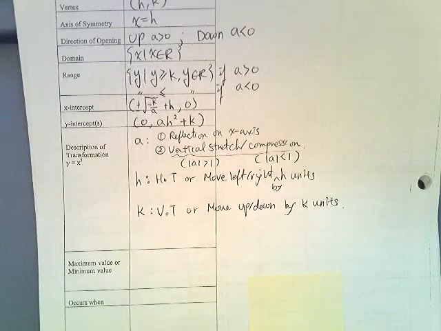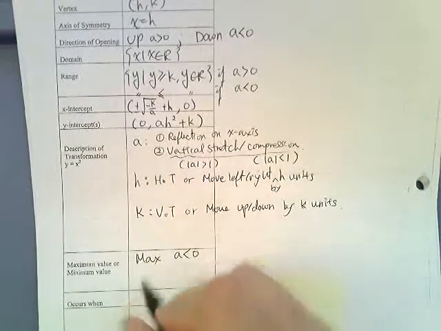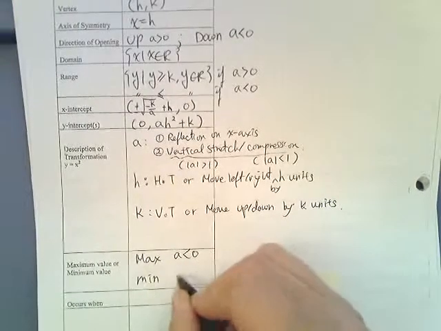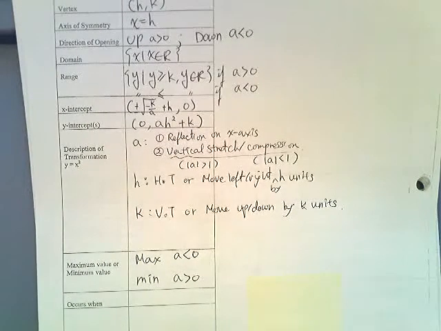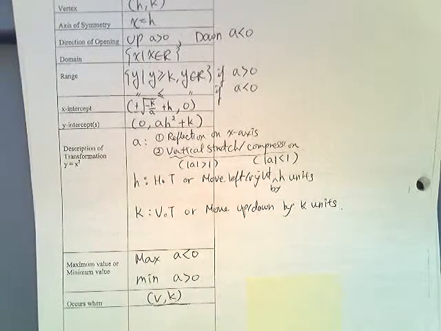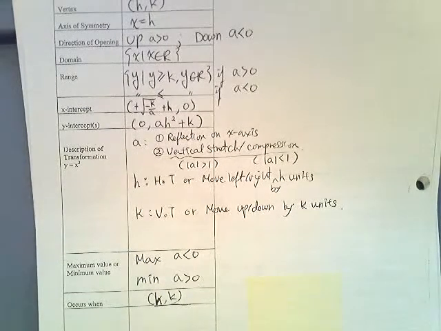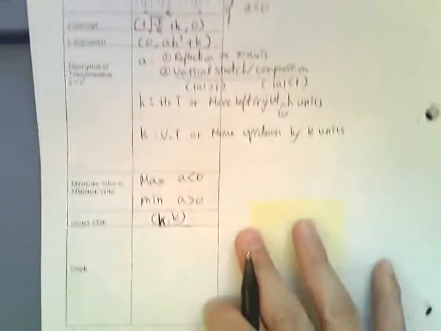Now, maximum value or minimum value: if it is max, then a is less than 0. If it is min, a is greater than 0. It always occurs at the vertex point anyway, right? Oh, no, sorry, h.